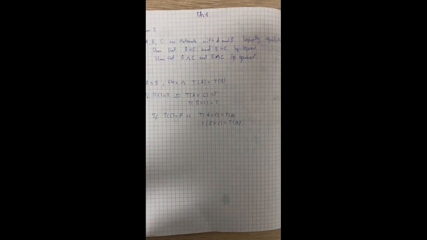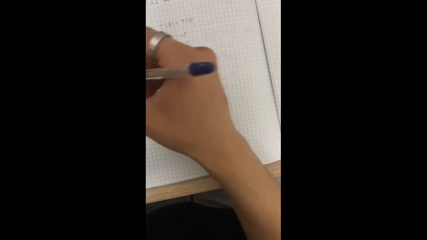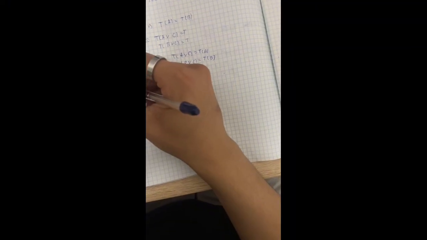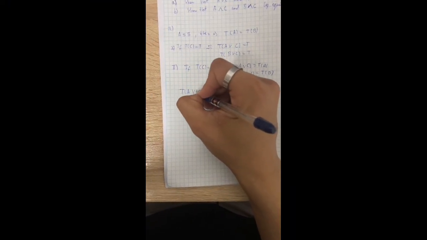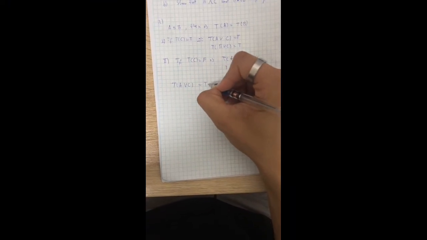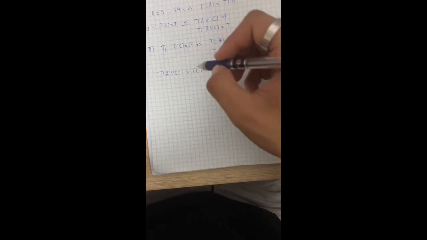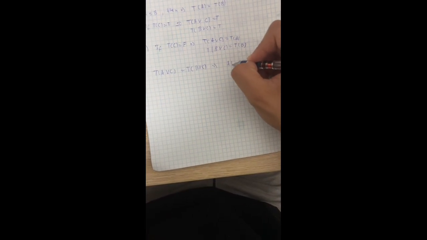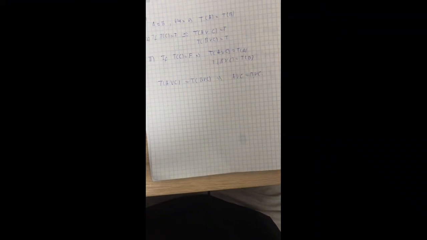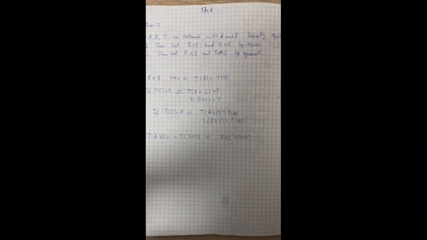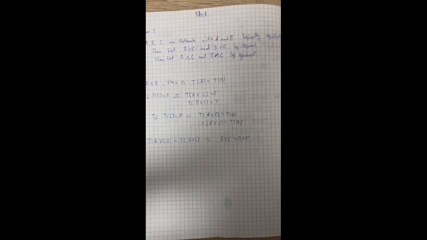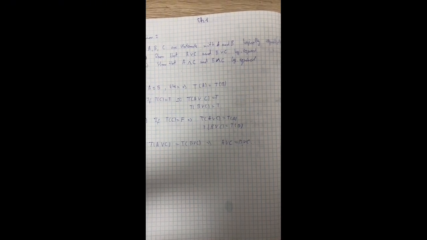Because we know from the start that A and B have the same value, the result will match here as well. So that means that A OR C equals B OR C. In all cases, A OR C equals B OR C. So since the truth values match in every scenario, true or false, the two expressions are logically equivalent.